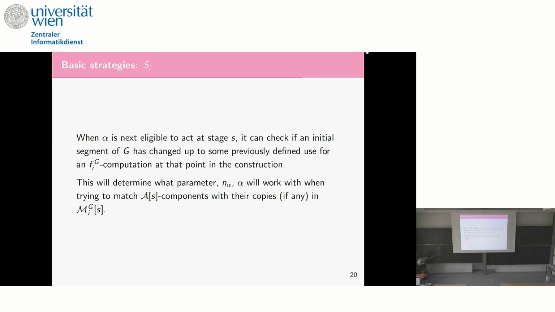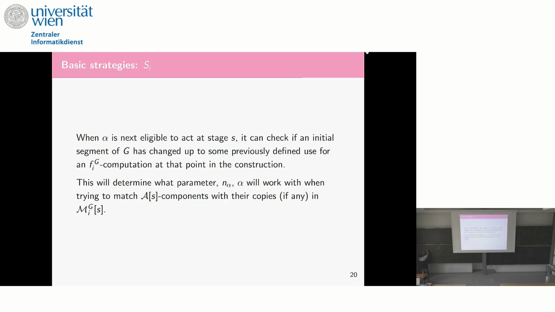You have copies of these A components in B, and some S requirement says, okay, I'm going to define my FIG map with some U's, call it just U for now. And then what can happen later, or what may have happened already, is maybe at some point new loops appear on this side.